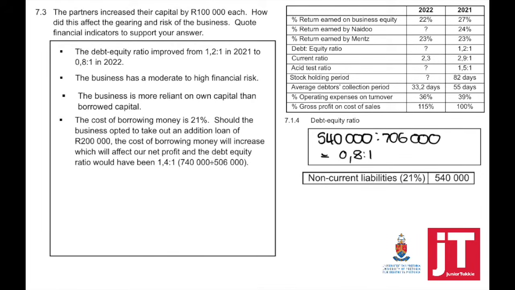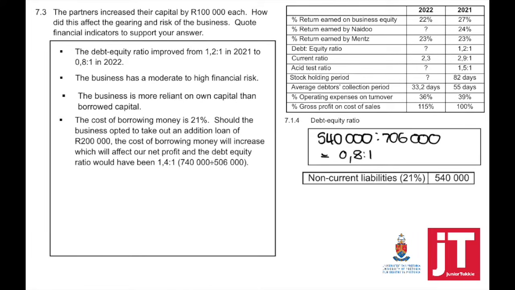Should the business opt to take out an additional loan of 200,000? The cost of borrowing money will increase, which will affect our net profit, and the debt equity ratio would have been 1,4 to 1.